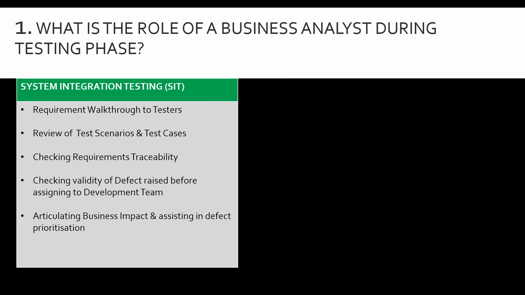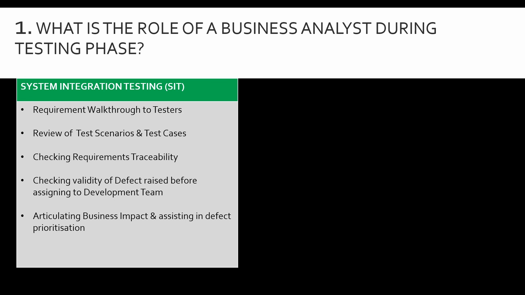Once a defect has been logged by the testing team, it is assigned to the business analyst first to ensure that the defect is valid before it gets assigned to the development team. If it is an invalid defect, like an invalid scenario, or the testers might not have understood it correctly, it can be rejected by the business analyst then and there, so that the time of the development team is not wasted. So it's like a defect triage, and it's done by the business analyst.